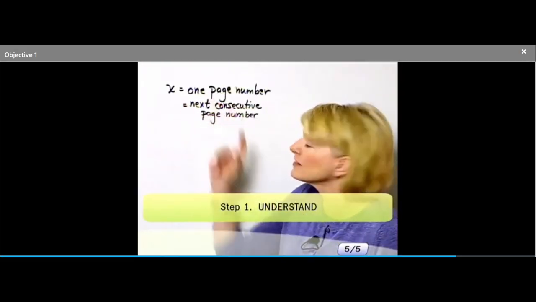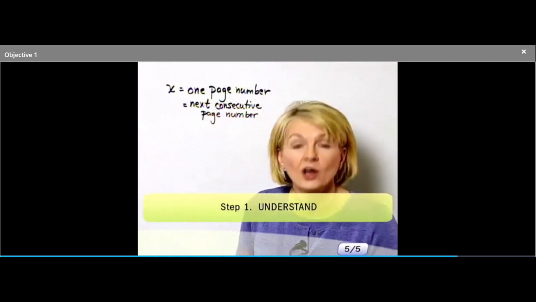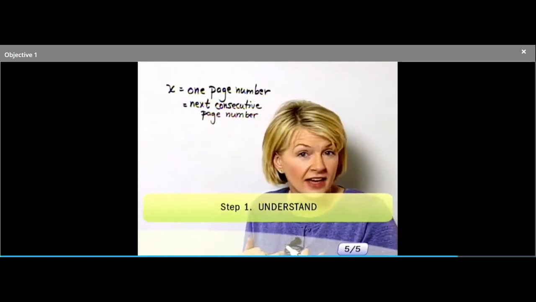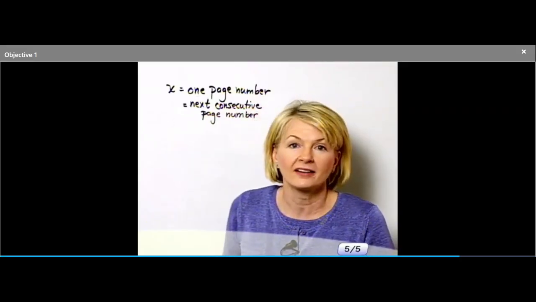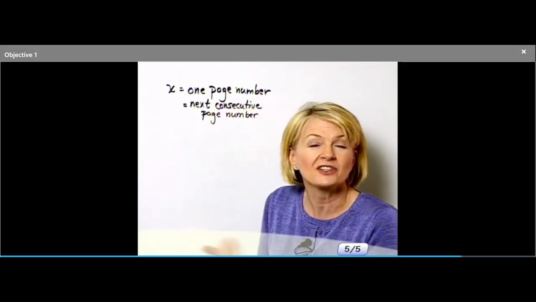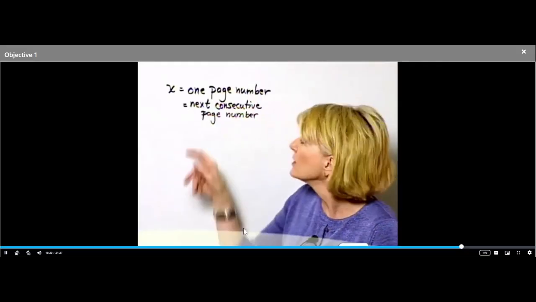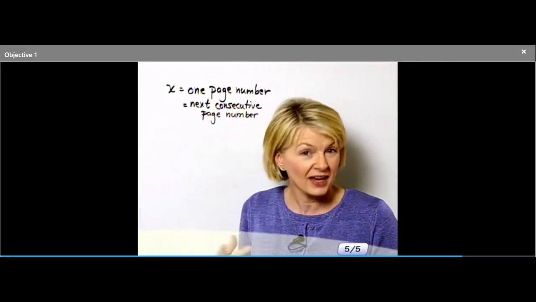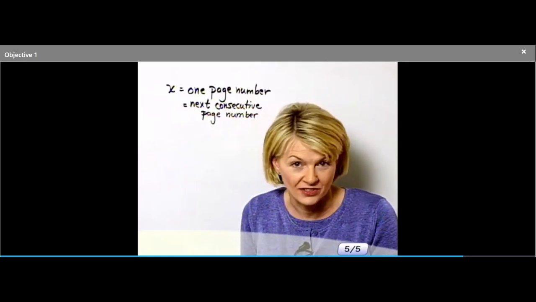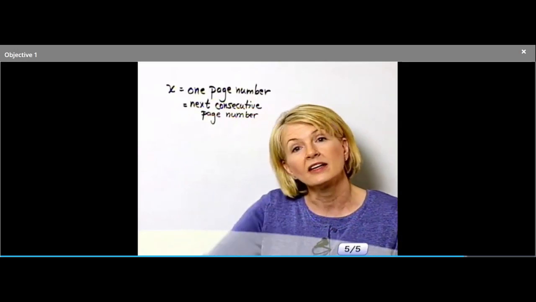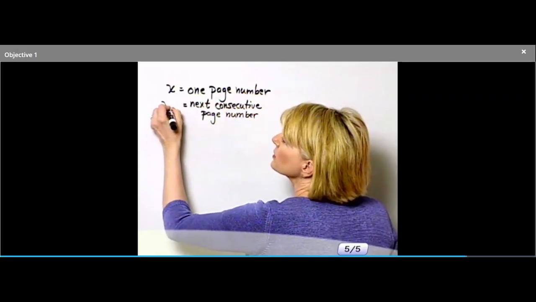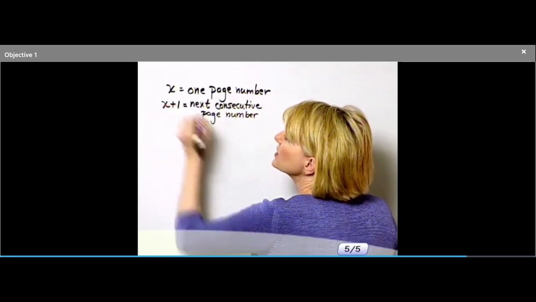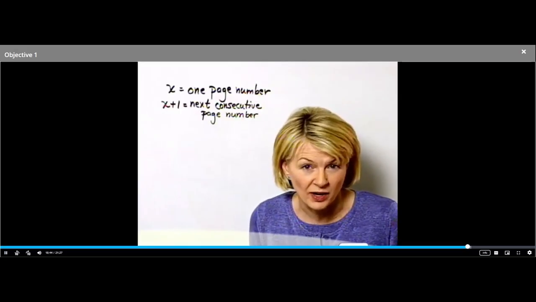So if we let x be one page number, what is the next consecutive page number? And by the way, we're just assuming that x is a positive integer since it is a page number. So what is the next consecutive page number or integer? Well, it increases by 1. So if x is one page number, the next page number is x plus 1.